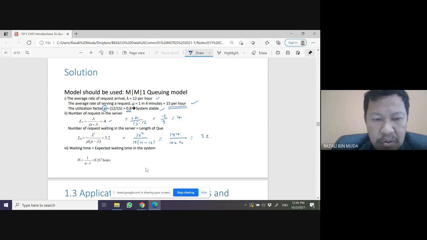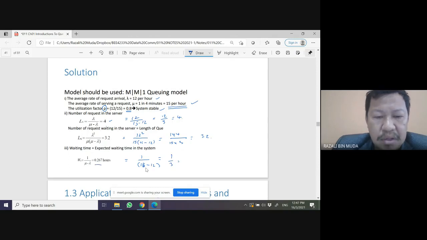Waiting time: the expected waiting time is 1 over mu minus lambda, where mu is 15 minus 12, so 1 over 3.